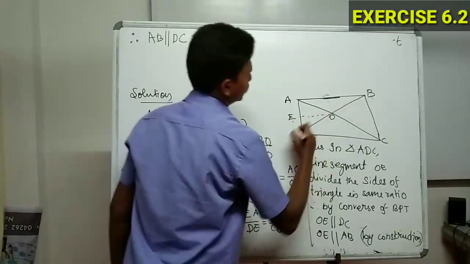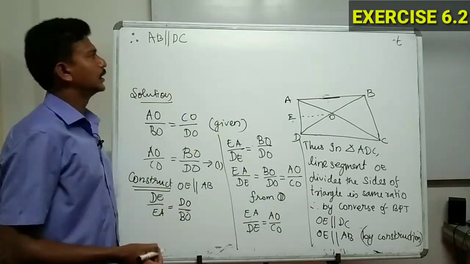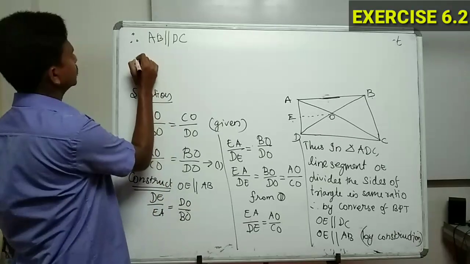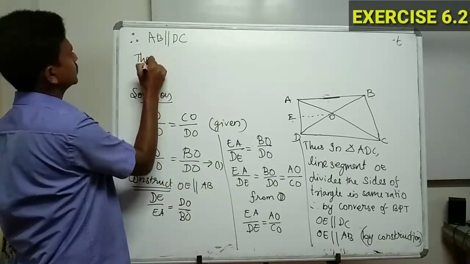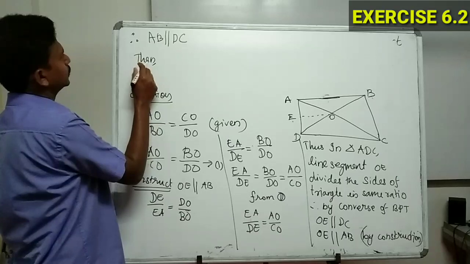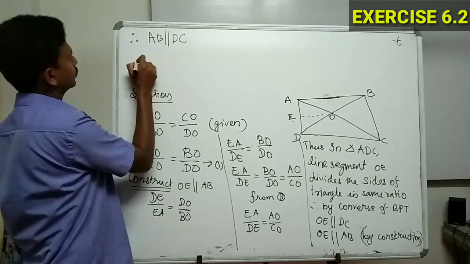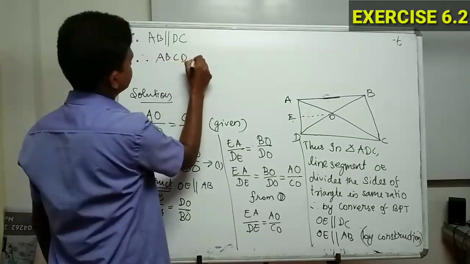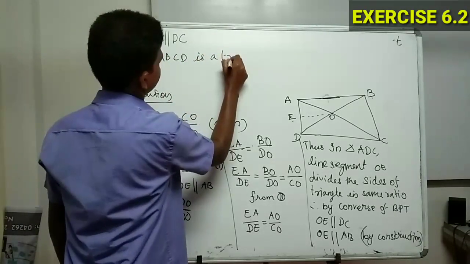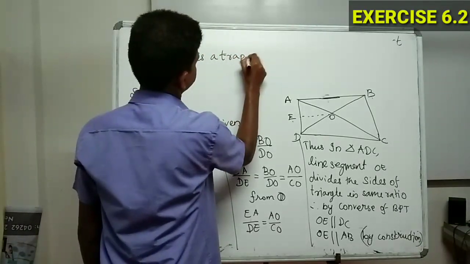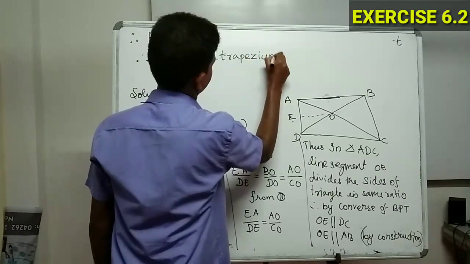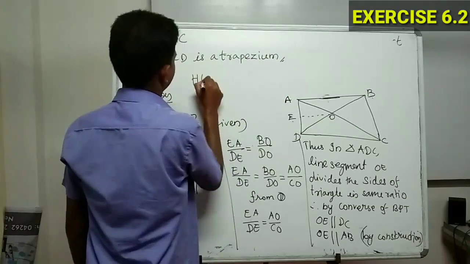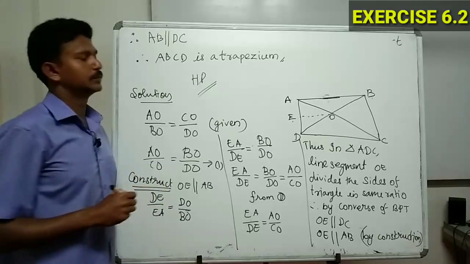If these two opposite sides are parallel, then we can say ABCD is a trapezium. So this is what we have to prove. We got the answer.